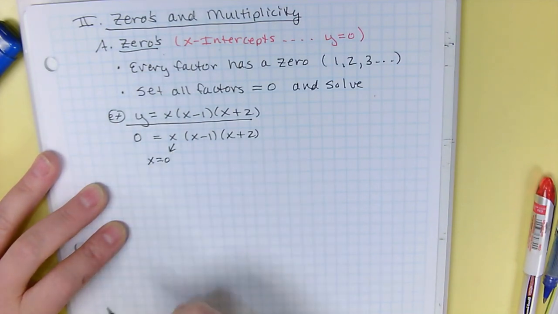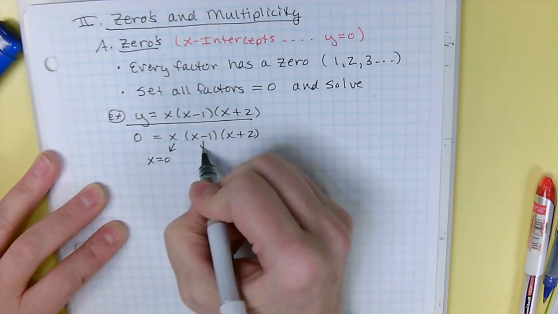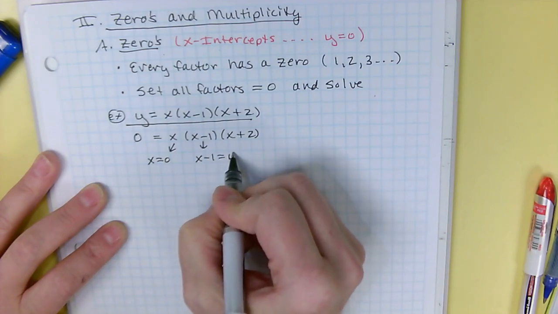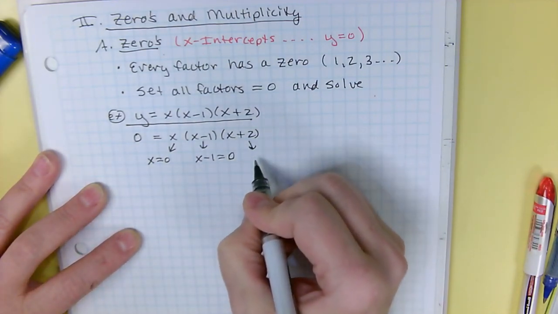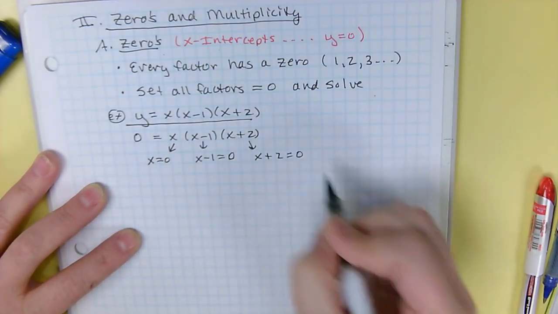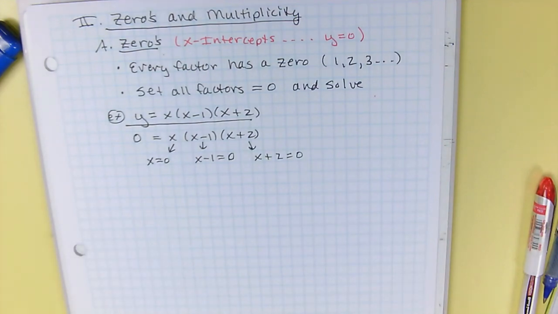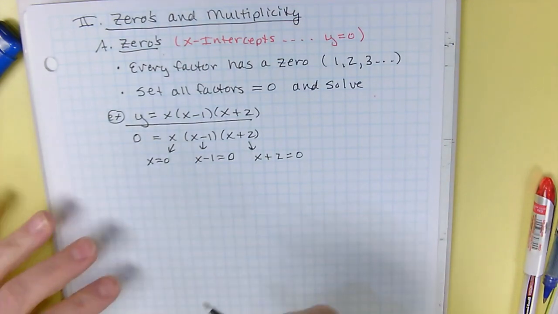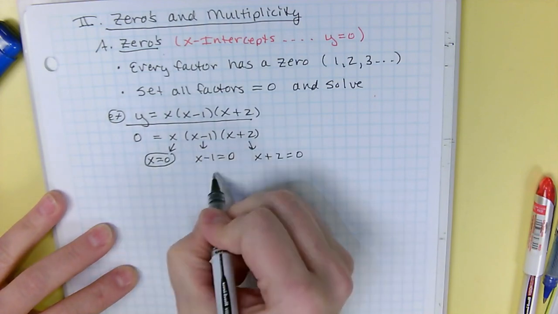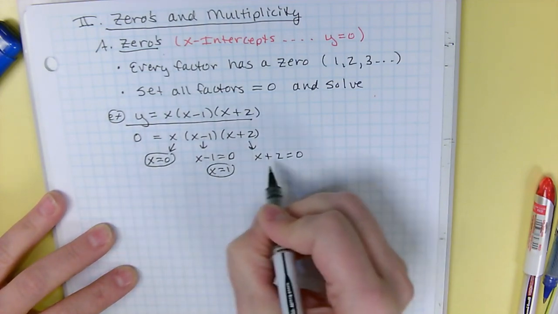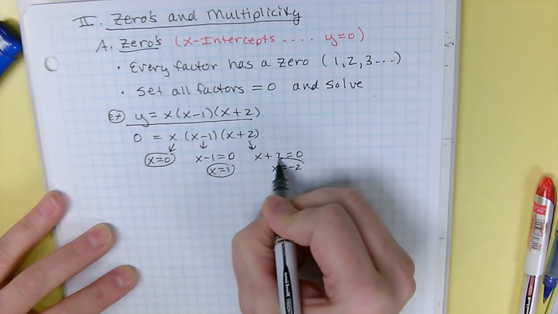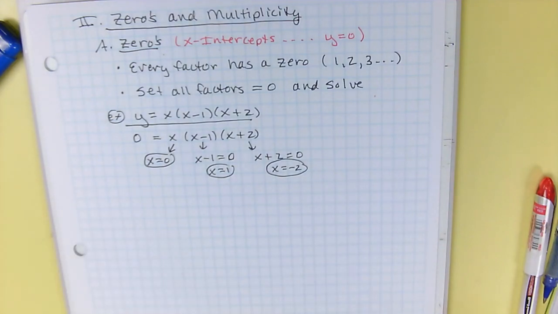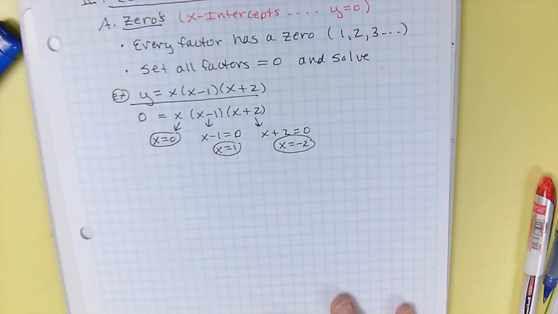So set x equal to 0, set x minus 1 equal to 0, set x plus 2 equal to 0, and solve. So we get x equals 0, x equals 1, x equals -2. And those are your zeros, or your x-intercepts. It's where your graph crosses the x-axis.